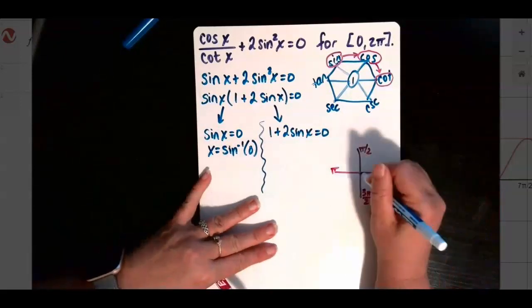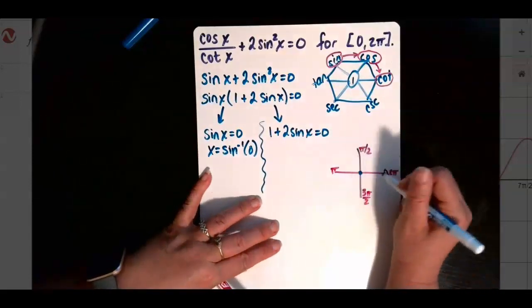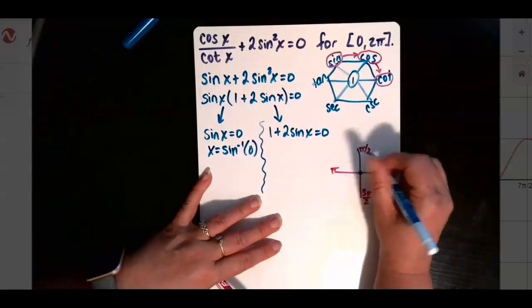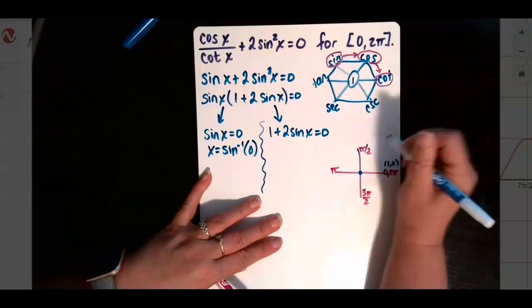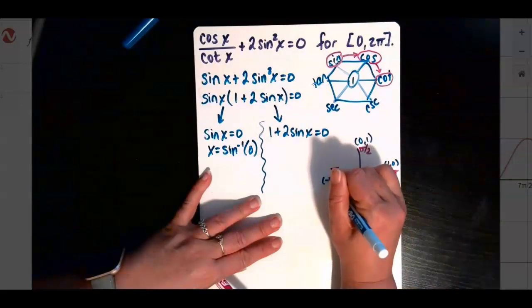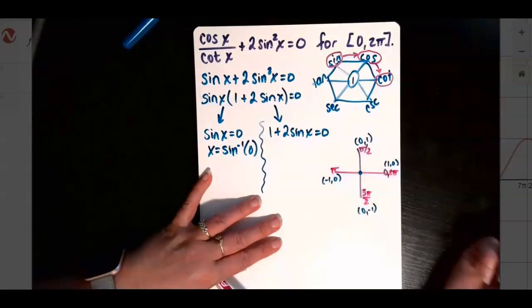And the center of the unit circle is the origin, 0, 0, and the radius is 1. So if we go from 0, 0 to 1 in any direction, we're going to get these coordinates: 1, 0, 0, 1, negative 1, 0, and 0, negative 1.